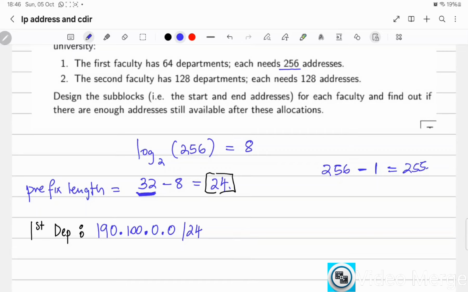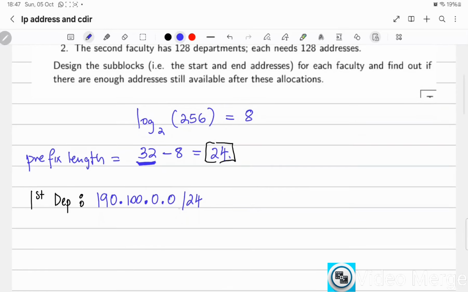This means it's 256 addresses, starting from 0 to 255. Hopefully you do understand that.